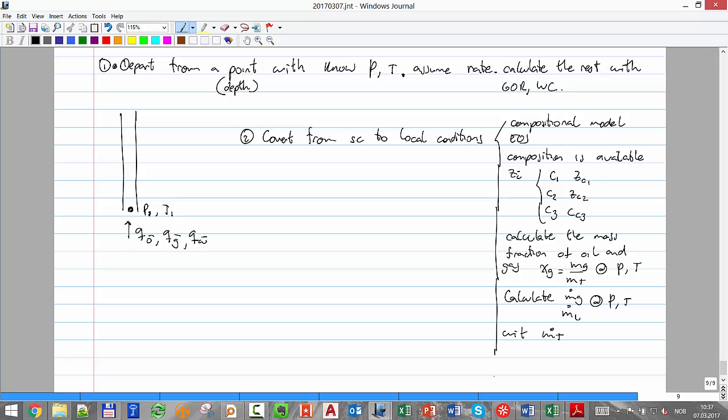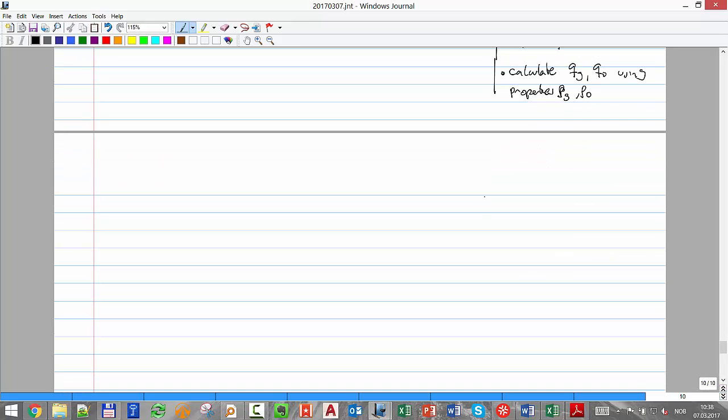Then after that we calculate QG and QO using the properties that we calculated with our equation of state, basically the density of the gas and the density of the oil.